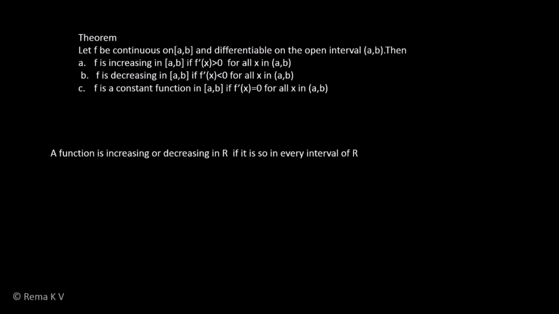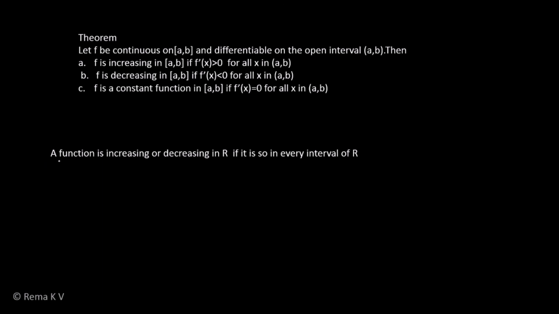So once again, if f dash x is positive for all x in the open interval (a, b), we say that f is increasing in closed [a, b] and strictly increasing in open (a, b). If f dash x is negative for all x in the open interval (a, b), we say that f is decreasing in closed [a, b] and strictly decreasing in open (a, b). f is a constant function if the derivative is equal to 0.